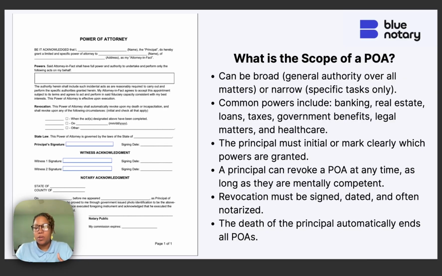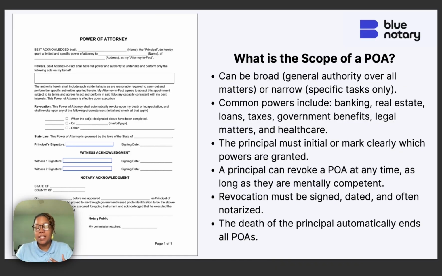So common power of attorney forms may include banking, real estate, taxes, healthcare, someone making healthcare decisions for you. And so the principal must clearly mark what powers are being given, just so there's no confusion if it ever has to come up as a legal matter.